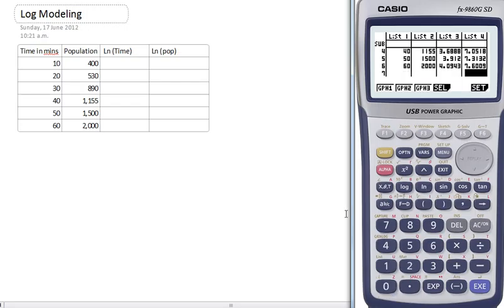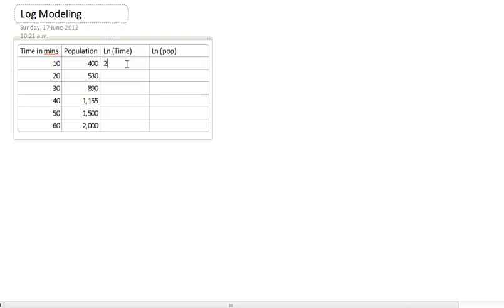Now the whole point of me doing this is so that I get some data that I can plot into a graph. So that's 2.3, 3.0, 3.4.